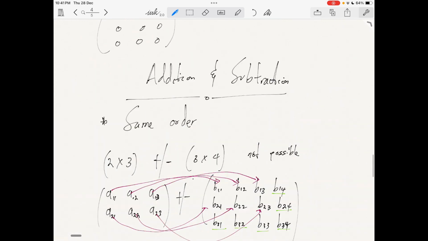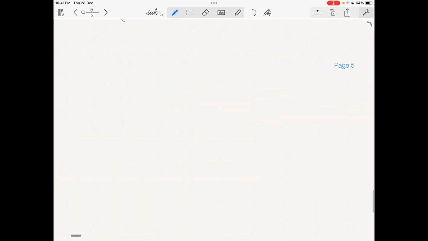Let's say we have two matrices. A, instead of 2 by 2, is A11, A12, A21 and A22, and B is B11, B12, B21 and B22.